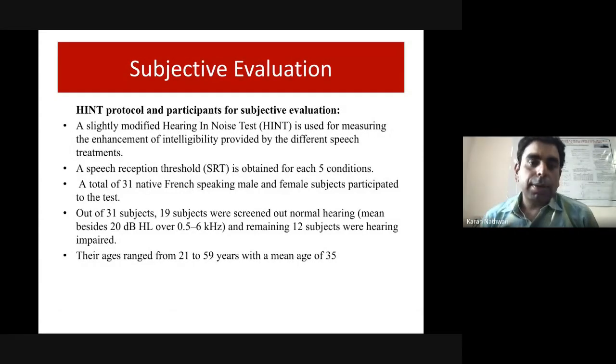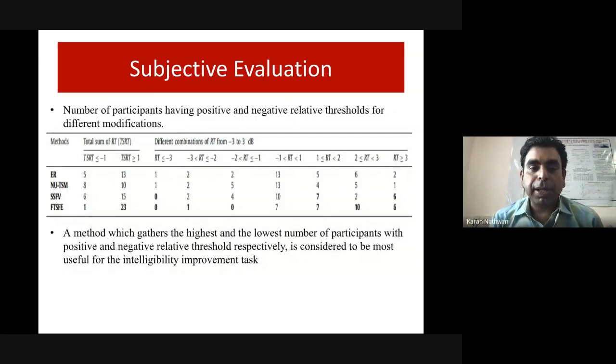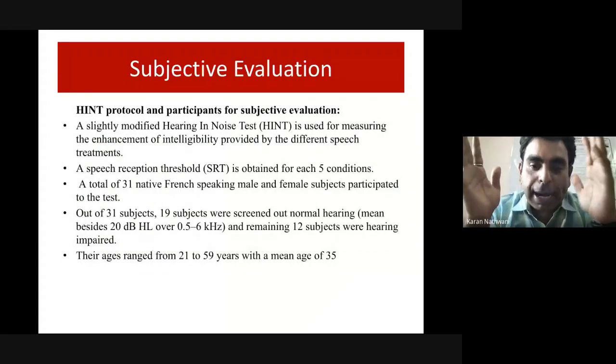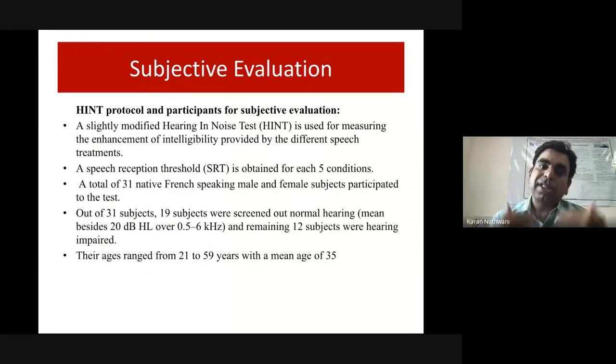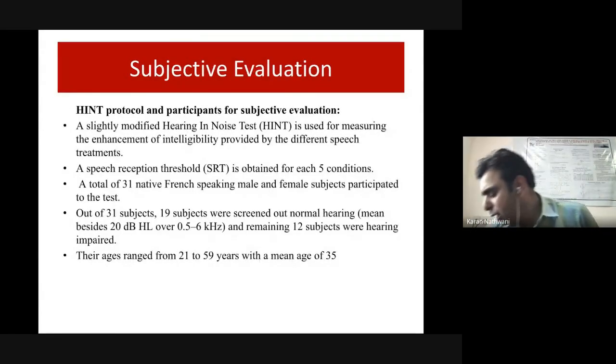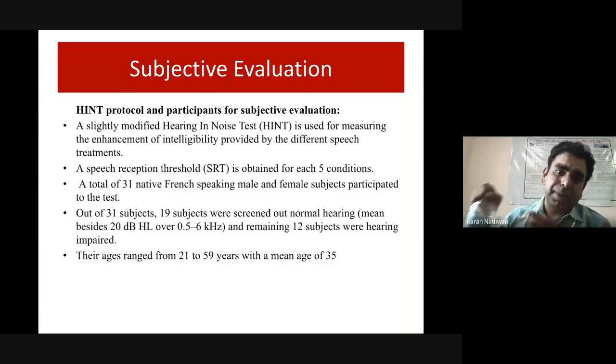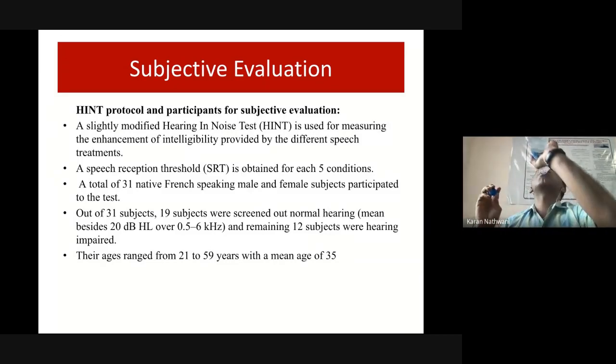Now again, the method followed was the same, the hearing in noise test. So I will just explain the protocol. The protocol says that I will first play the sound to you at a very low SNR, minus 30 dB. This is the SNR where nothing is understandable.